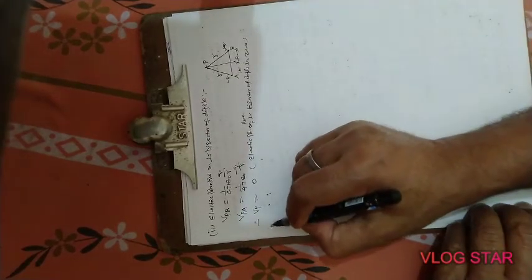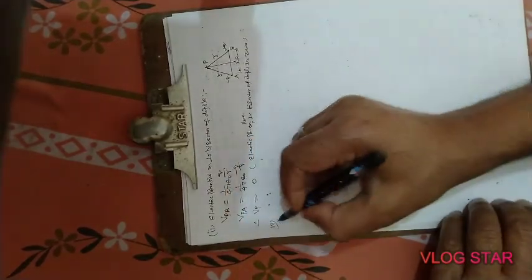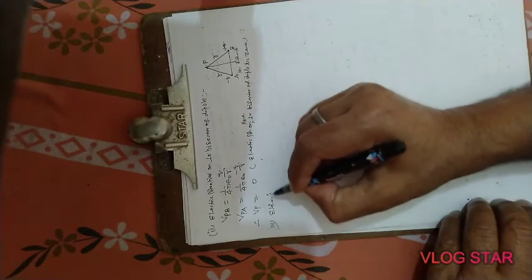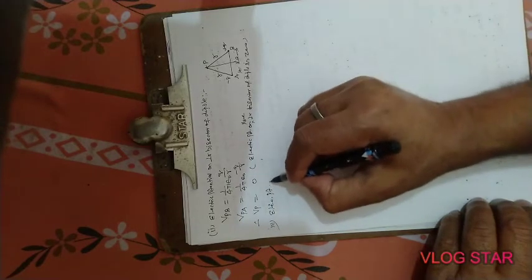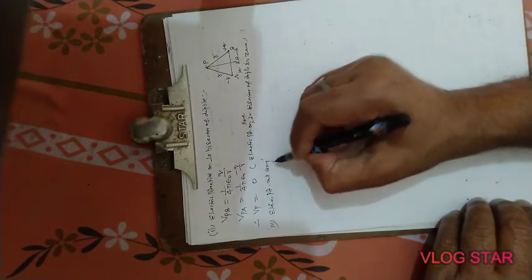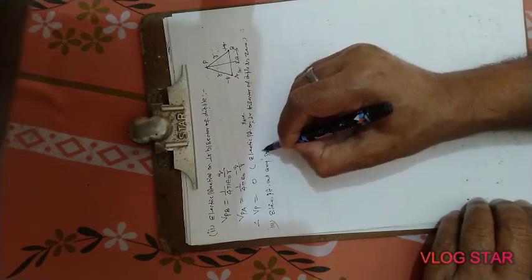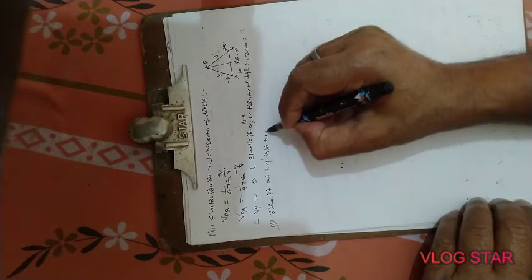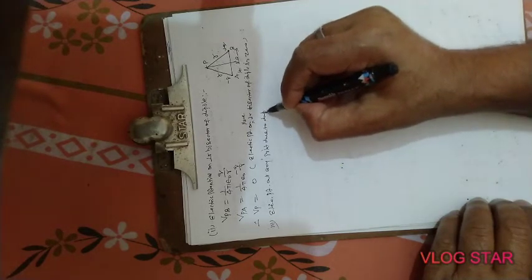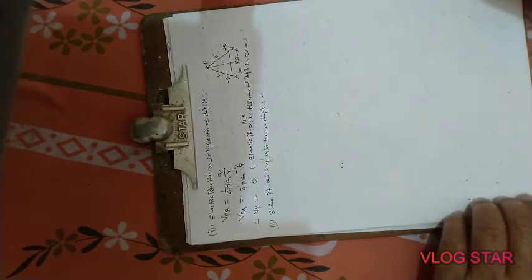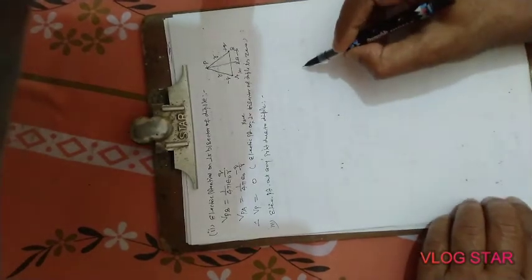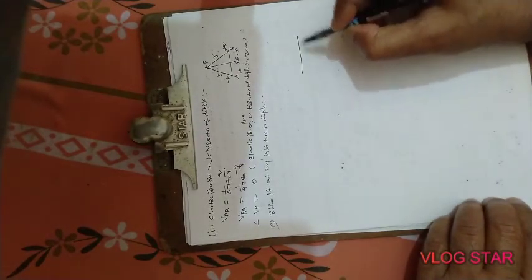Now the third case: we are going to find the electric potential at any arbitrary point due to a dipole. Again, the same situation.